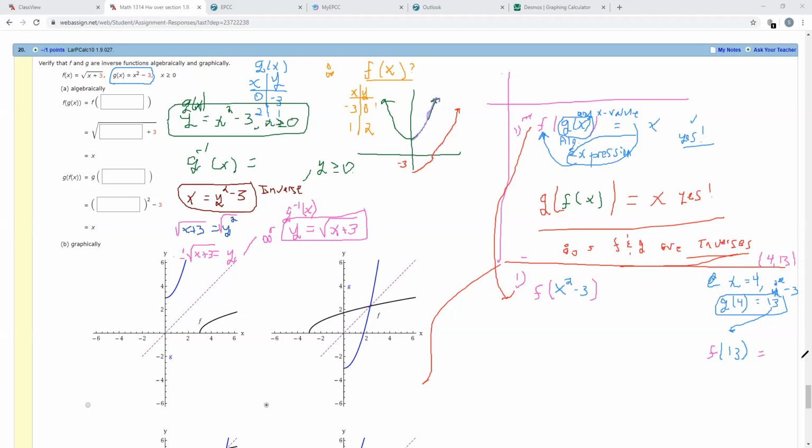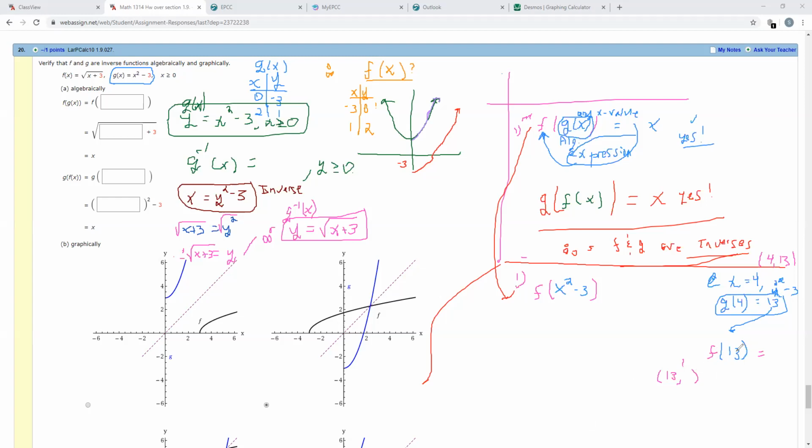So now we're going to find out what we get if you put 13 into F. If we get 4, then that's an indication, at least with this X value, that when you put this X value into G and get the range value, and then put the range value into the other function and get back 4, that's an example of these functions being inverses of each other.